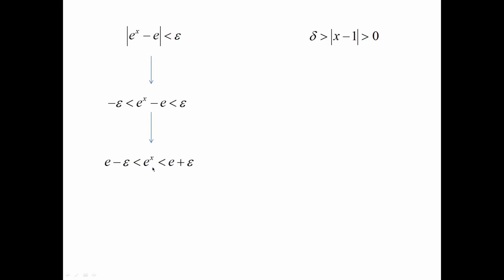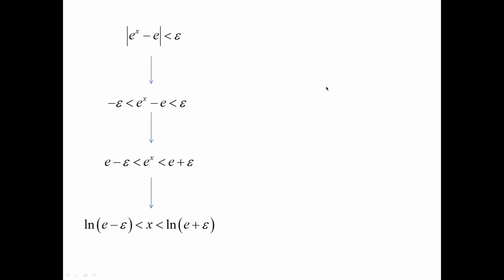And we do that by taking the natural log of everything. And then the natural log of e to the x is x. And here is our expression that we're actually looking for, because this tells us the inputs for x. This is telling us the interval now.